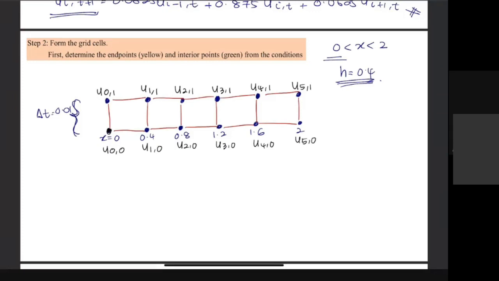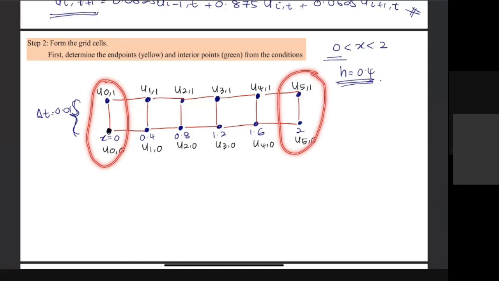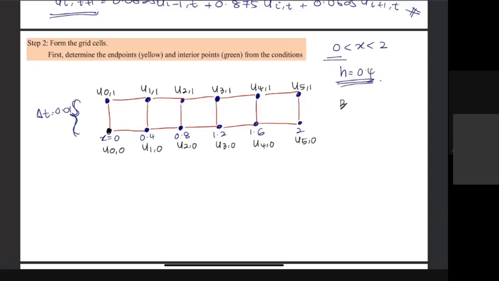Okay, so then we start to determine the values of each point. Remember, we start with the end points, by using the boundary conditions. So our boundary conditions, u 0 t equal to 0, u 2 t equal to 0.